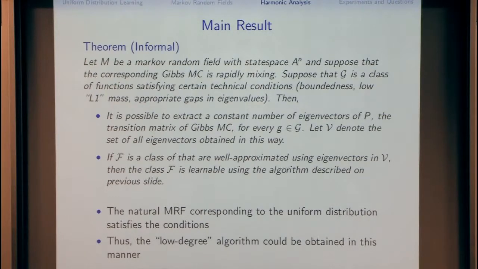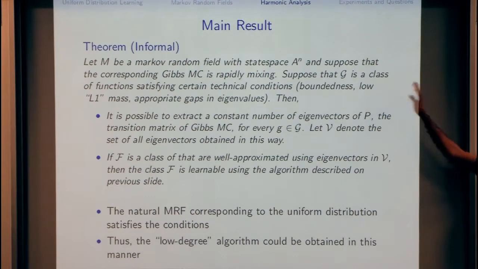So the sum of the absolute values of the coefficients in the eigen expansion of g should be bounded, and you need appropriate gaps in the eigenvalues of the eigenvectors that actually appear in g. If you have that, then you can extract from each of these g a constant number of eigenvectors. The constant depends on how these conditions are satisfied.